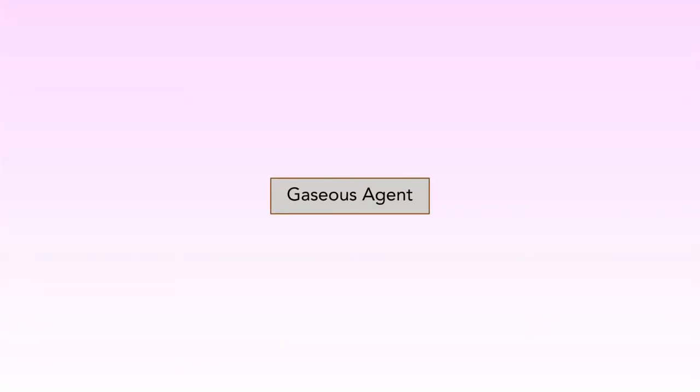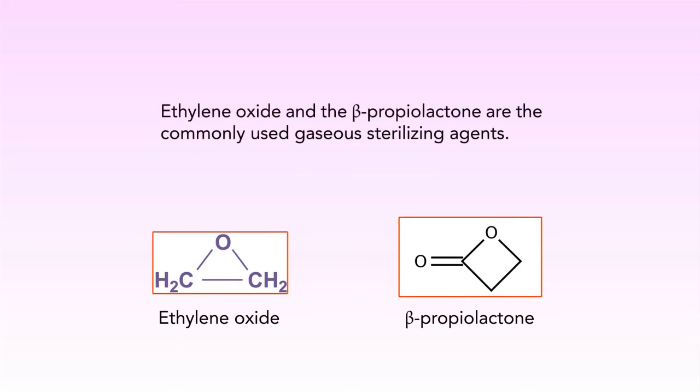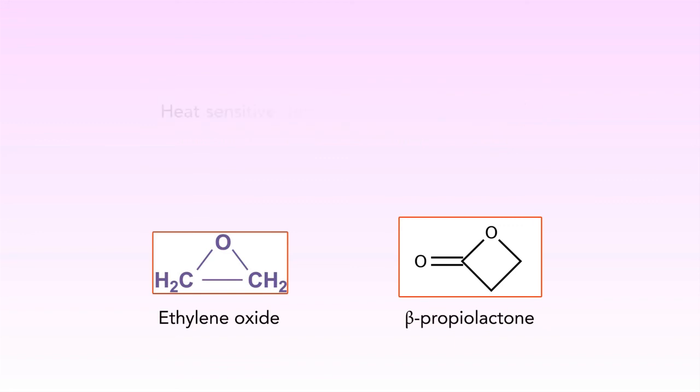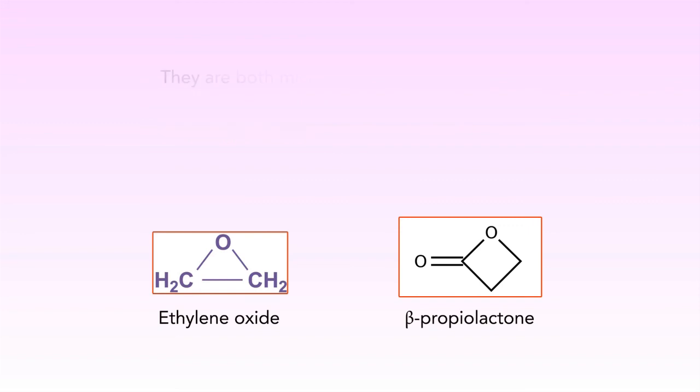Next is gaseous agents. Ethylene oxide and beta-propiolactone are the commonly used gaseous sterilizing agents. Heat-sensitive items are sterilized by the use of ethylene oxide. They are both microbicidal and sporicidal.